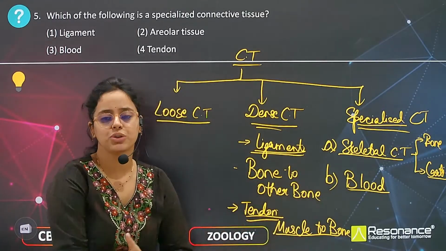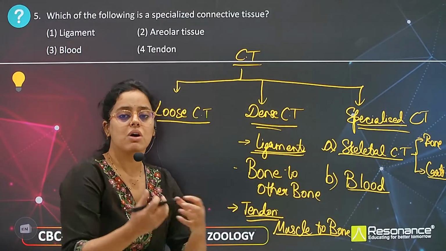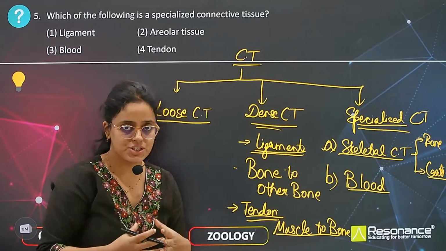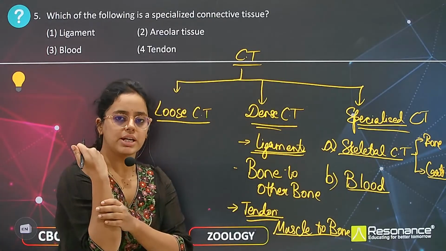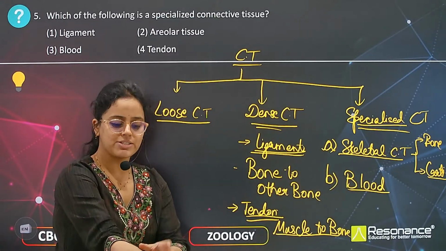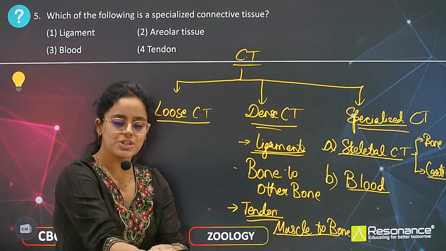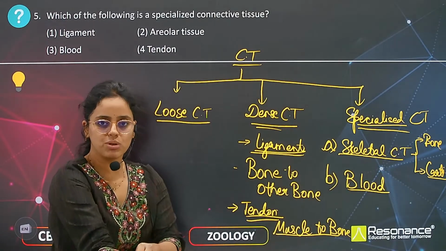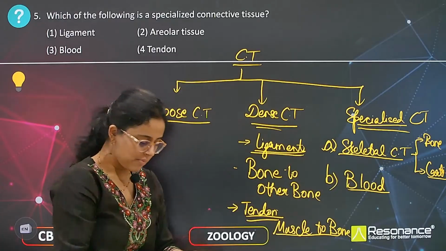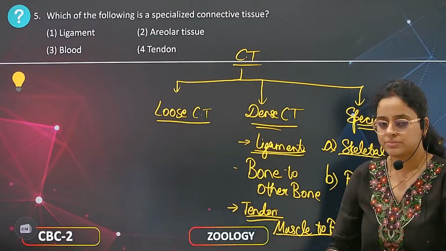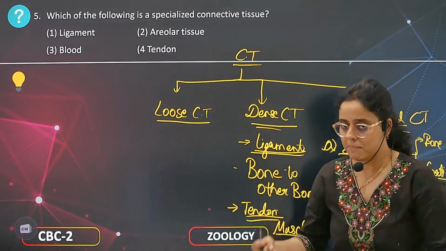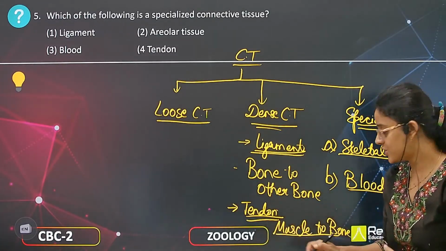Because the muscle causes contraction and relaxation. The contraction and relaxation of muscles pulls the bone. Movement is possible because the bones are pulled by the muscles, and muscles and bones are attached together by tendons.